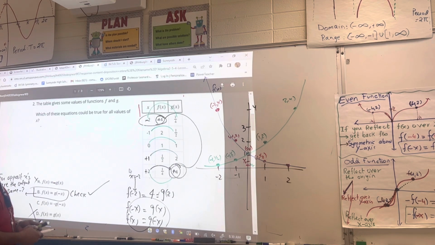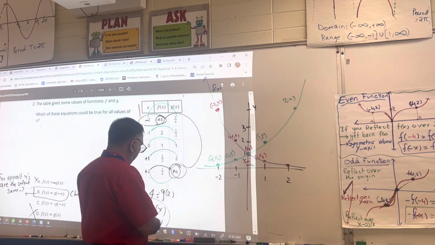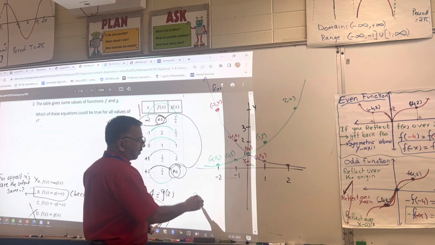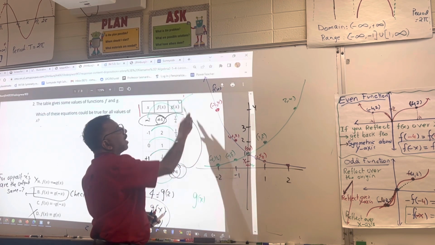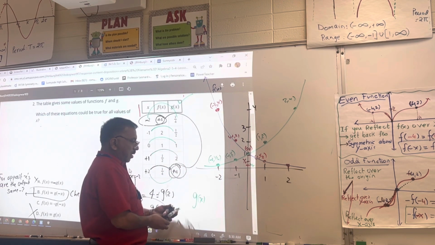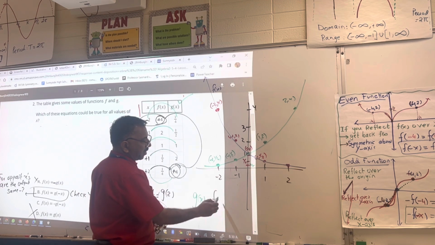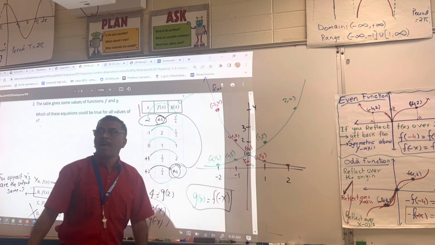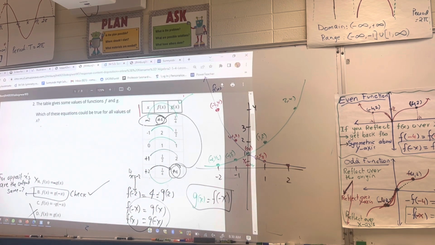So what you learn here is that the g graph, g of x, is the reflection over the y-axis of the f graph. That's what is important to understand. So g of x is f of minus x. Is that okay? Yeah?